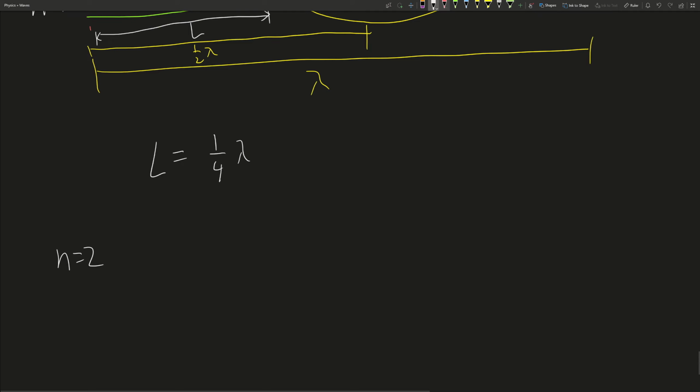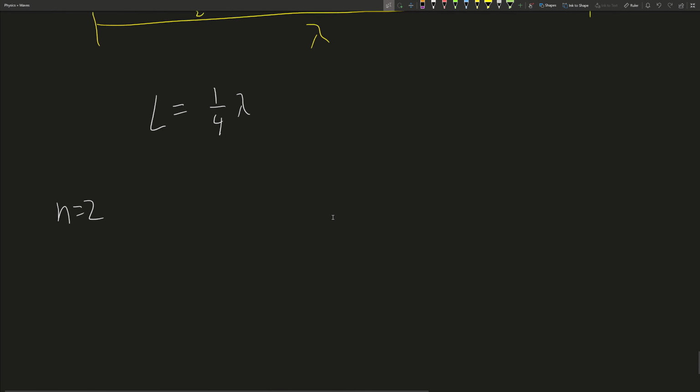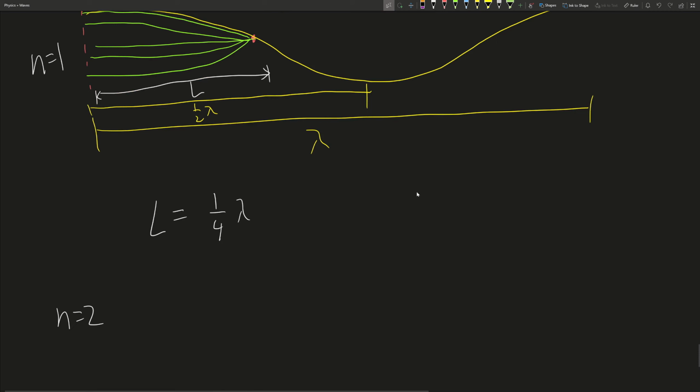Well, we know that for a harmonic, the frequency doubles and the wavelength halves. So the wave would look like this. But then, wait a second, we have one end fixed here, but then this is now also a node. So now we have two nodes, but we know that we need one end to be an antinode.